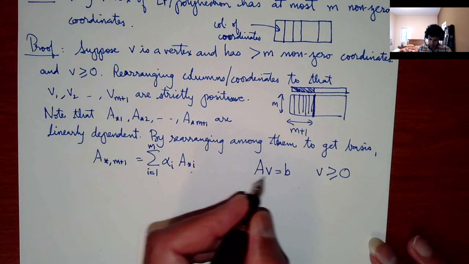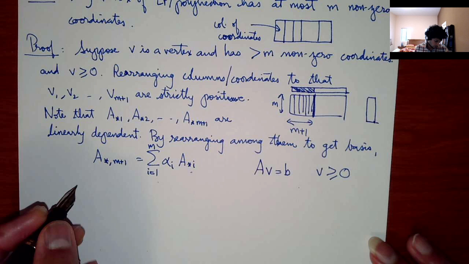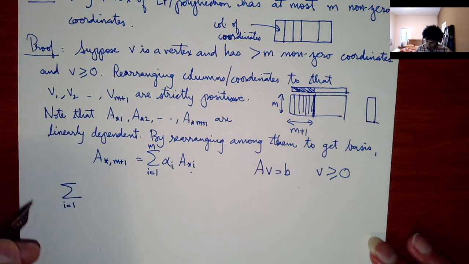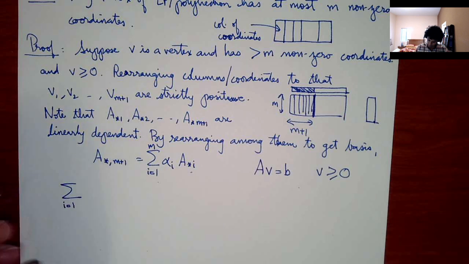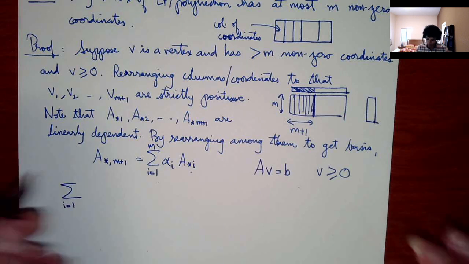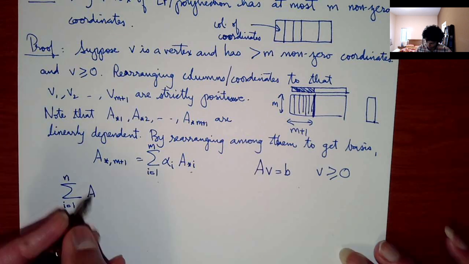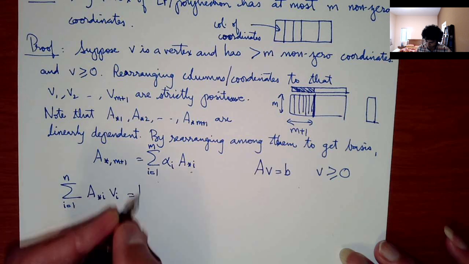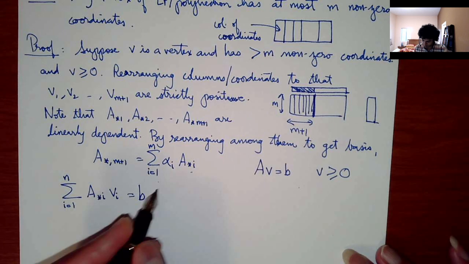So that's just saying that the summation of i going from 1 all the way to n of A star i times Vi is equal to B. These are equivalent.